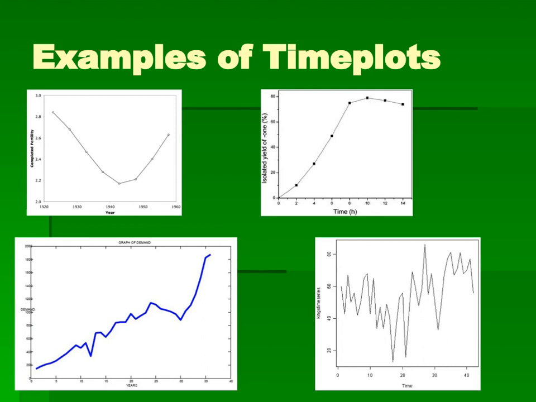Here are 4 different examples of a time plot, each one showing a different unit of time on the x-axis. We've got years, we've got hours. I'm not sure what exactly this last one is. It doesn't give me a lot of information.